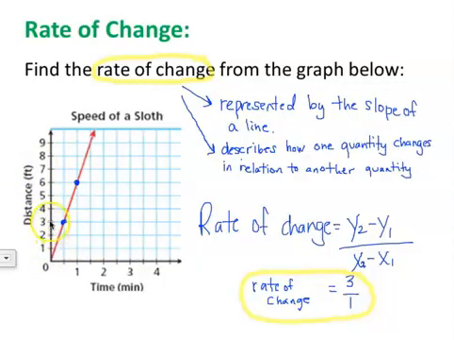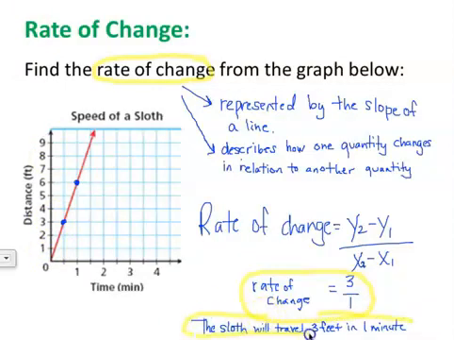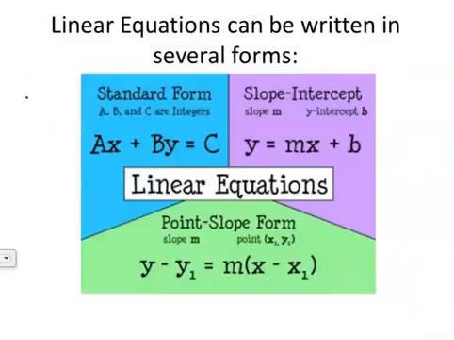So for every minute, the sloth travels 3 feet. Or the sloth will travel 3 feet in 1 minute. And that is our rate of change. So again, it's just a fancy way of dealing with slope. I'm going to move on to the next slide, so if you need more time, go ahead and click pause.